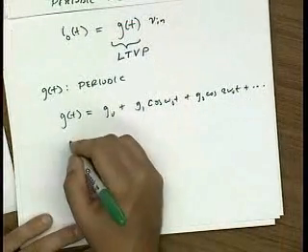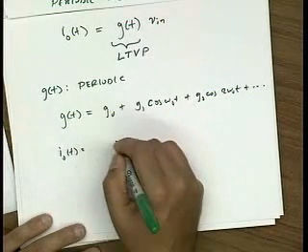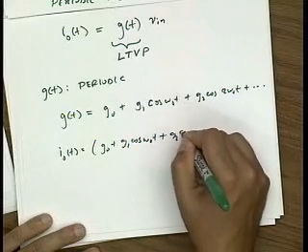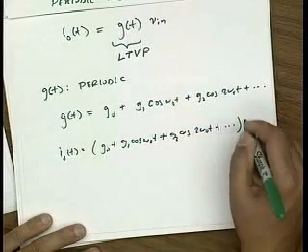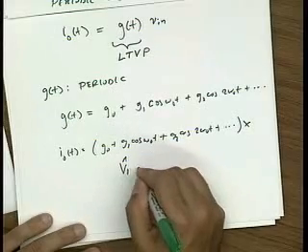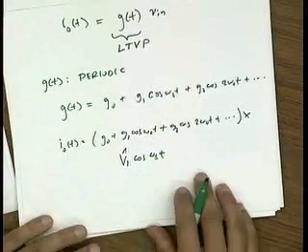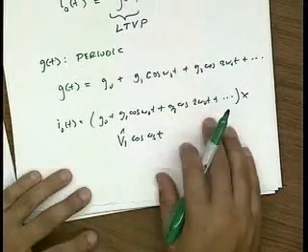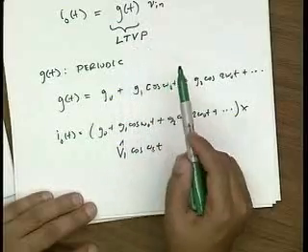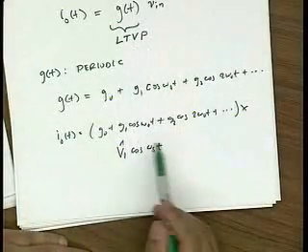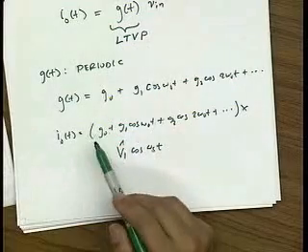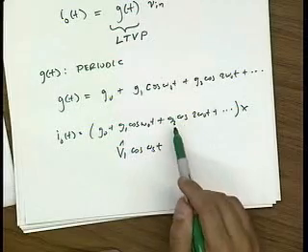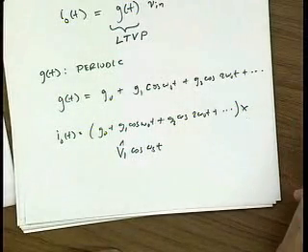Now when we apply our input signal, the output signal is G0 plus G1 cosine omega naught t plus G2 cosine 2 omega naught t, and so on, times the input, let's say V1 cosine omega s t. So we see that the action of a linear time-varying periodic circuit is to take our input signal and multiply it by some DC term, and then by cosine omega naught t, and then by cosine 2 omega naught t, and cosine 3 omega naught t, and so on and so forth.